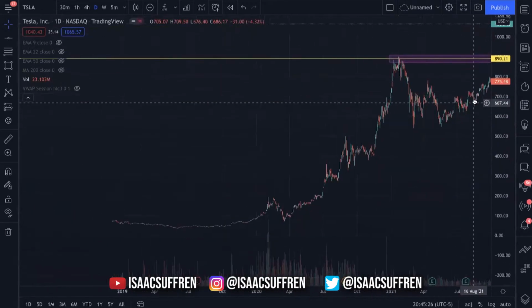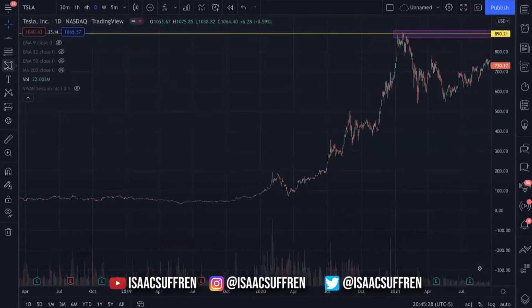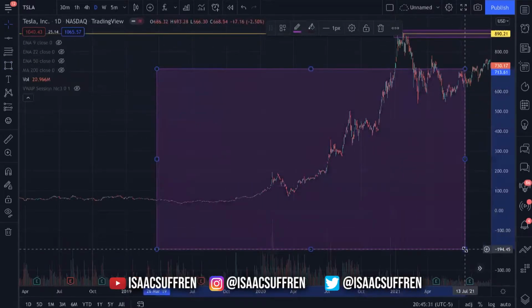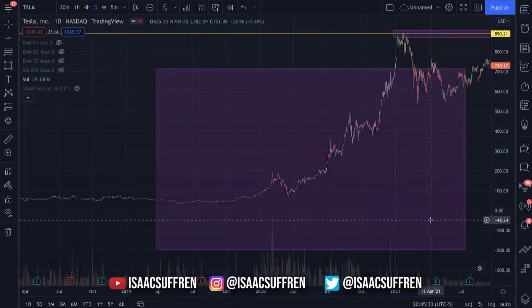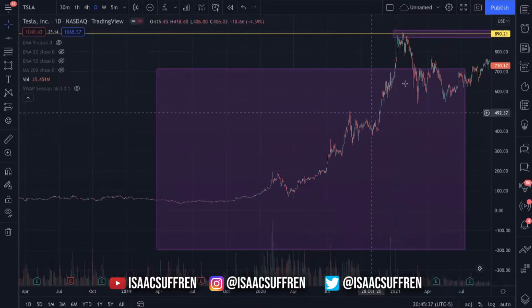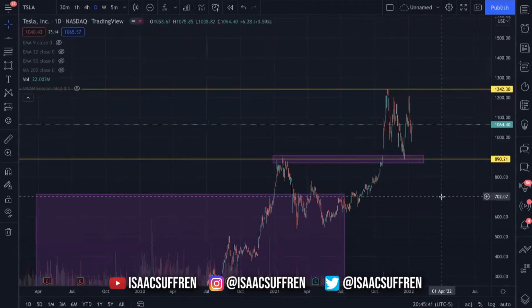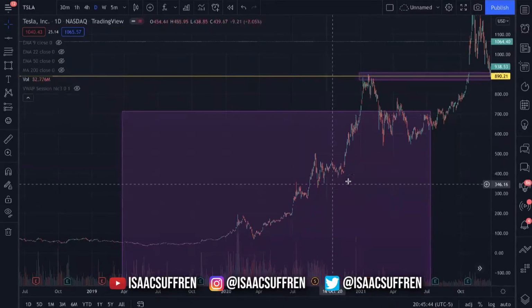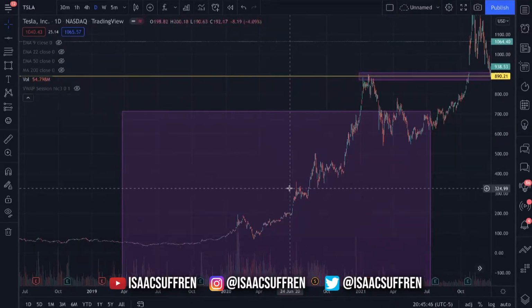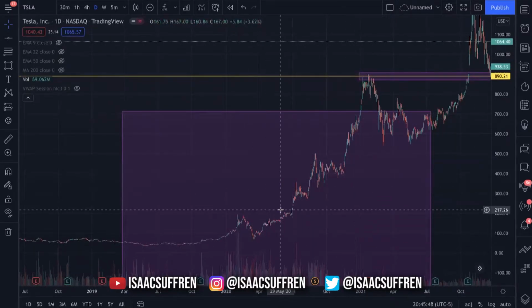I'm not gonna go way down here in this area and start drawing support and resistance levels. Why would I? The price down here is under $700. Right now Tesla is almost at $1,100. Why do I care about what's going on down here? The price is not gonna come way down here anytime soon.